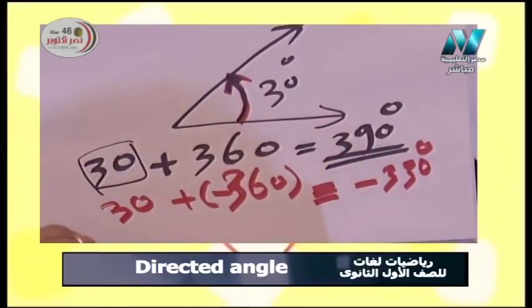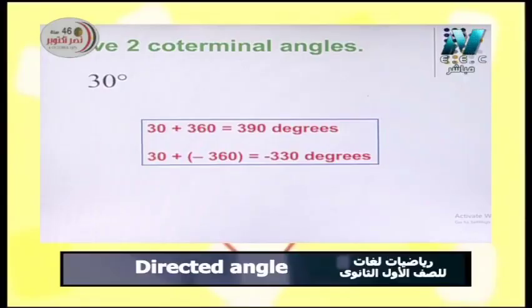Let's go to the start of the slide. As we did, 30 plus 360 equals 390 degrees, so 390 degrees is an equivalent angle, but it's positive. The positive equivalent angle or positive coterminal angle for 30 degrees.